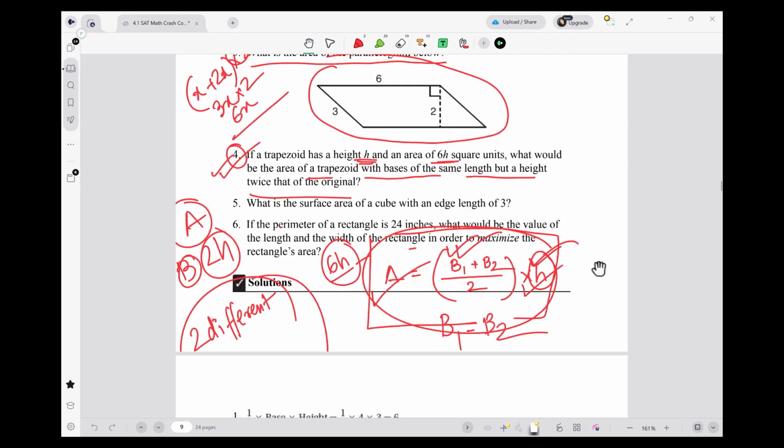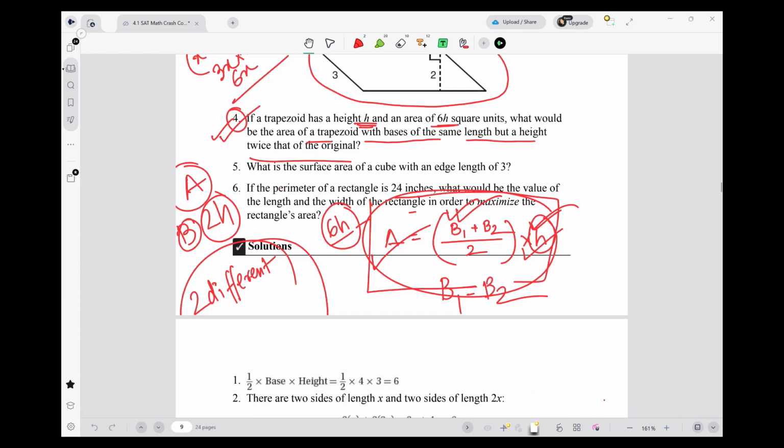I'm just creating two different trapezoids, and you just need to find out the base from the first trapezoid, and then you just need to plug it in the second trapezoid. What does that mean?